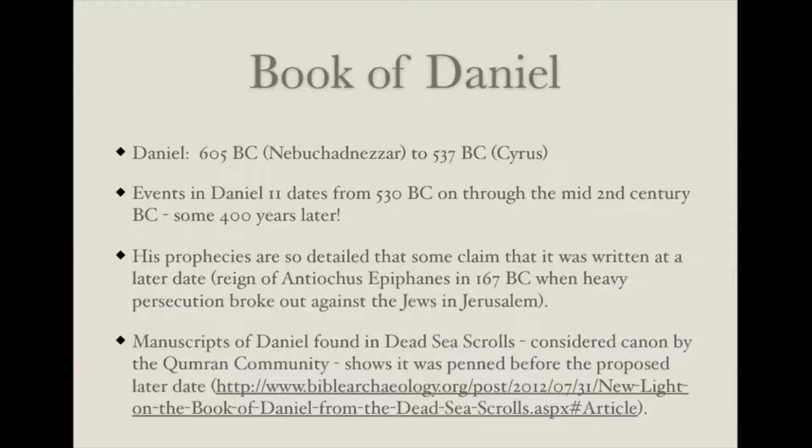So Daniel 11 dates from the events that we're going to be reading about, from about 530 BC on through the mid-2nd century BC. So you're looking at history going through about 400 years later.